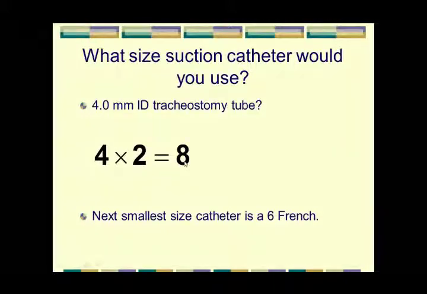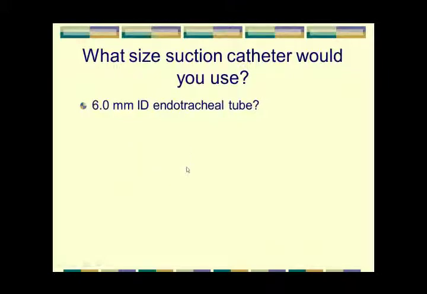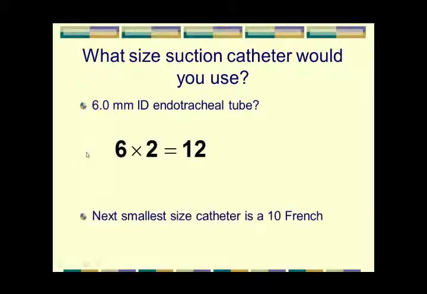Now there's not an 8 French catheter. There's 6 and 10. I don't think there's an 8, is there? Okay, if there was an 8, you would want to use the next smallest because you want it smaller than that size. So with a 6, what would you use? 6 times 2 is 12.